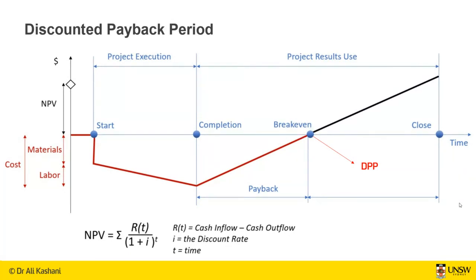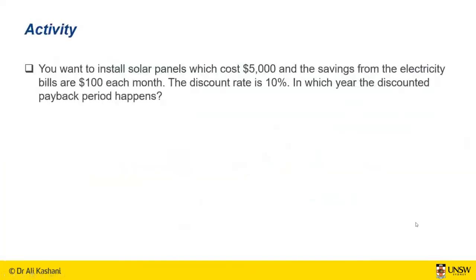Because of that, the discounted payback period is important to realize when you're comparing different projects for project selection. The lower discounted payback period is going to be more preferred.